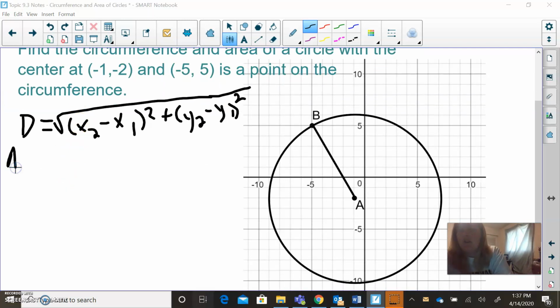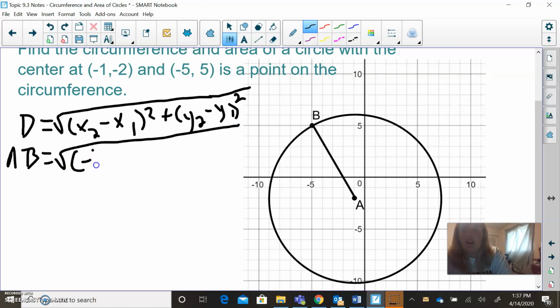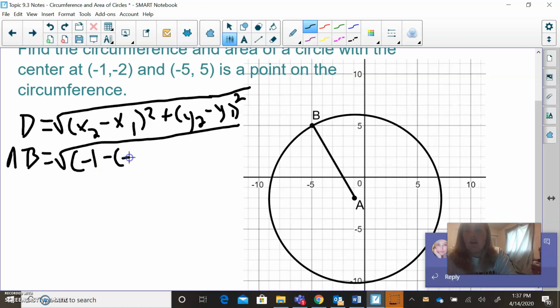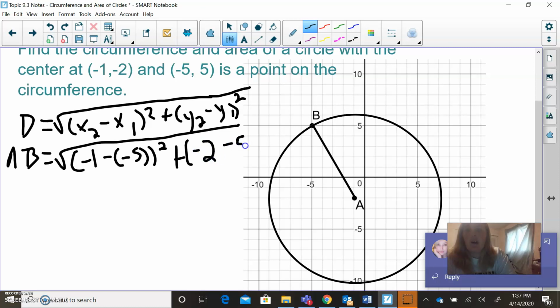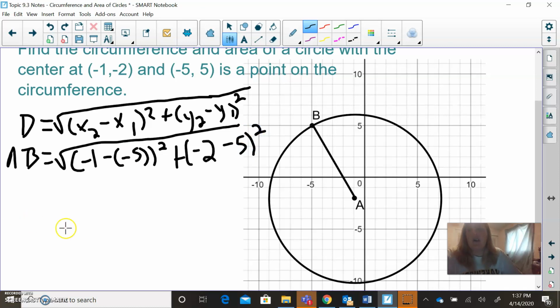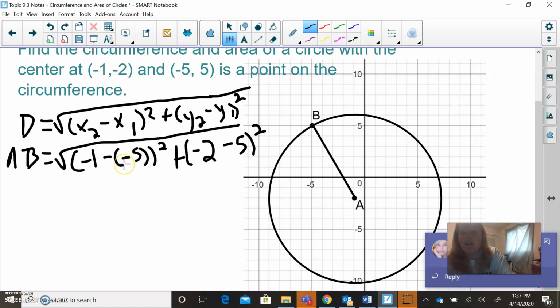Okay. So let's do the distance of AB. Let's start with point A. We're going to take the x from A, which is -1, and subtract the x value from B. Then we're going to do the same with the y value: add in the y value from A and subtract the y value from B. The reason I put the -5 in parentheses is because it's negative, and a negative times a negative is a positive.